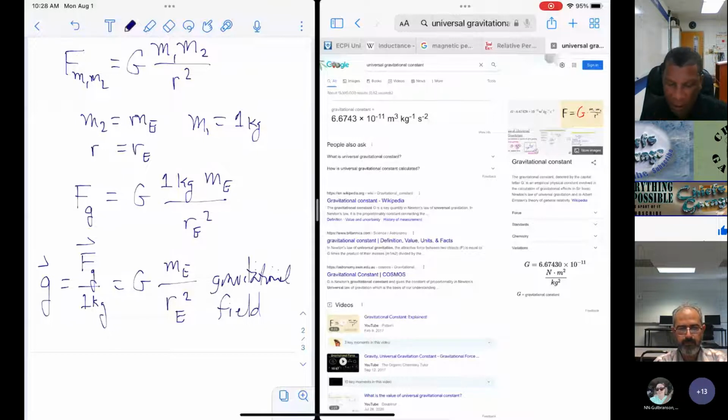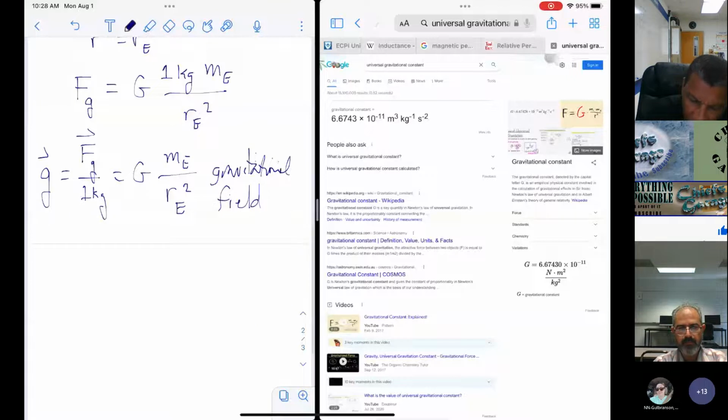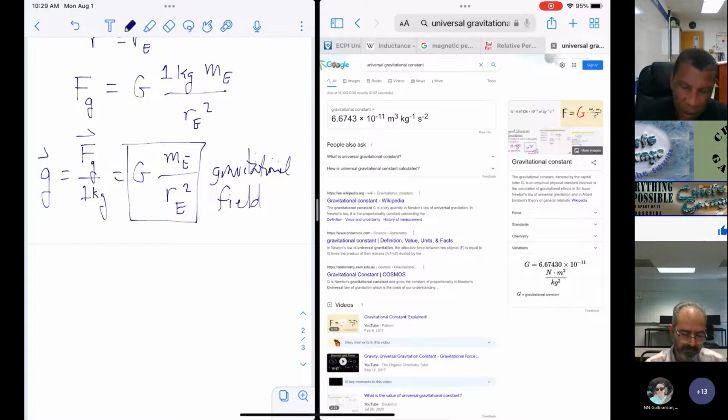So all we need to know is the universal gravitational constant, m_E, and r_E, and so we're going to end up putting this formula into Microsoft Excel. And this is going to be our theoretical, what I was calling theoretical value. It wasn't even the accepted value. 9.81 is the accepted value, but in this case, we're actually doing a calculation based on the mass of the Earth and the radius of the Earth.